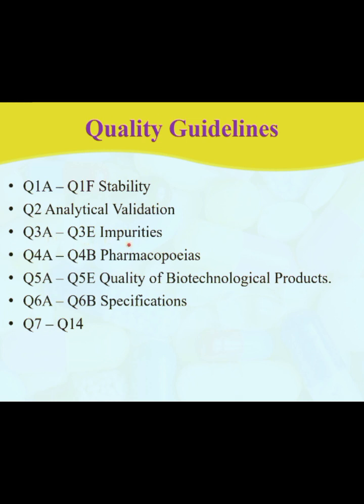It focuses on impurities. The next one is Q4A to Q4B. It focuses on pharmacopoeias. And Q5A to Q5E. It focuses on quality of biotechnological products. Next one is Q6A to Q6B. It focuses on specifications. And finally, from Q7 to Q14, we will be discussing in the end of the session.